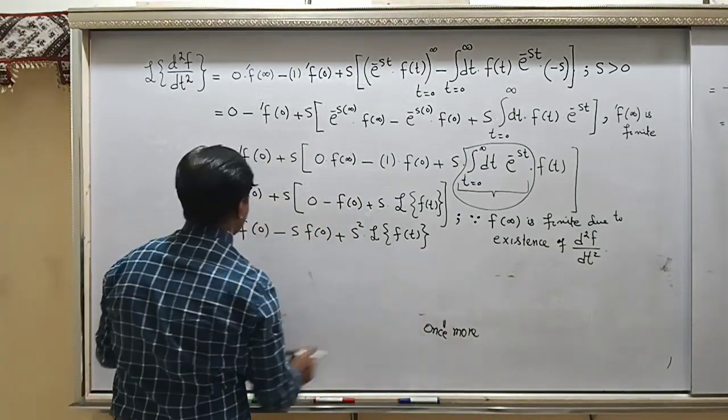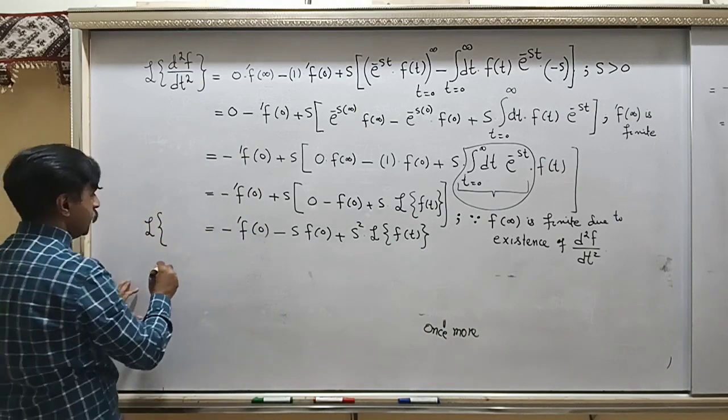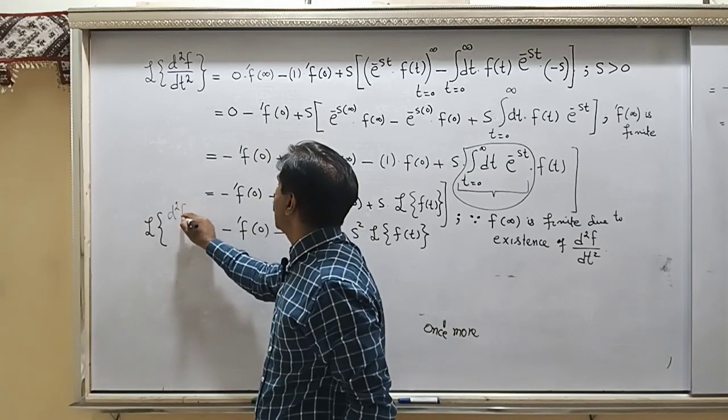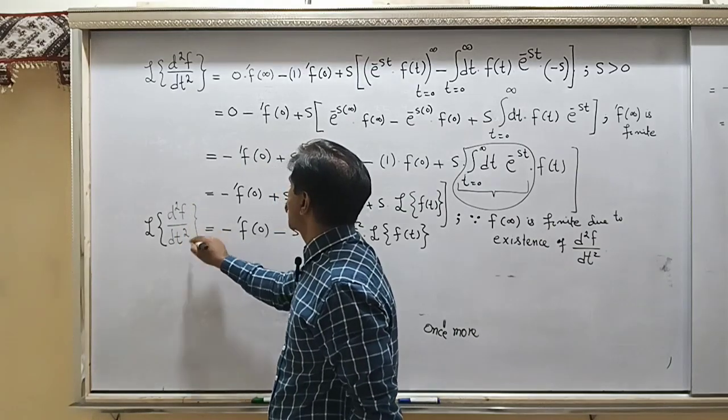So you have the next line. On the left you have the Laplace transform of d2f by dt squared.